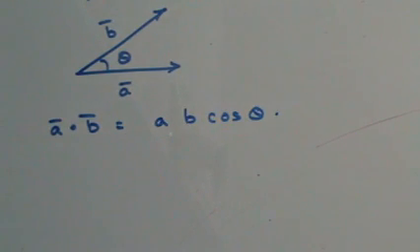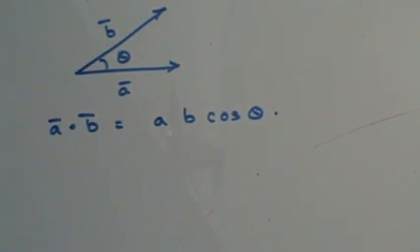If I take the magnitude of A, the magnitude of B, and the cos of the angle between them, then what I get is the dot product. What I get is just the multiplication of the magnitude of the two vectors. So A vector dot B vector is nothing but AB cos theta.